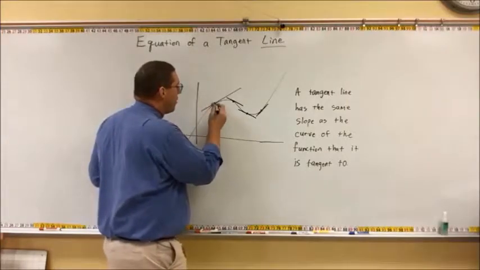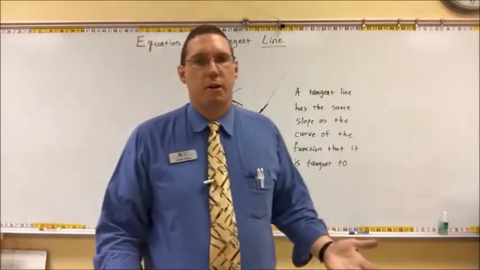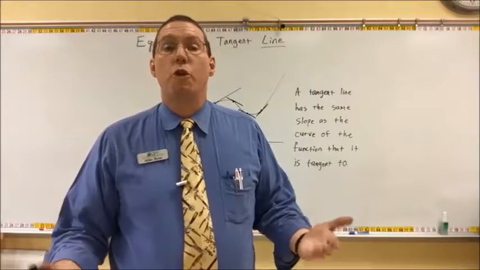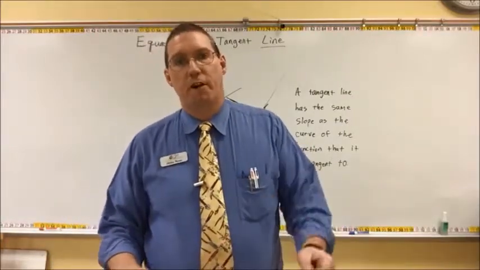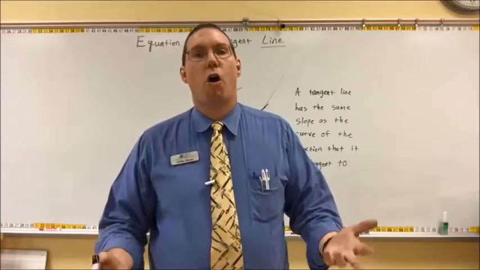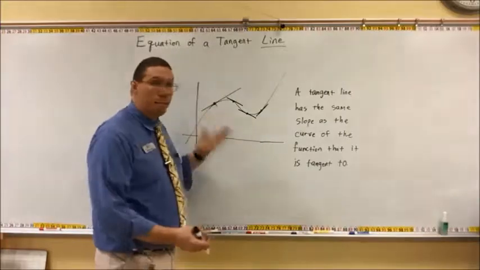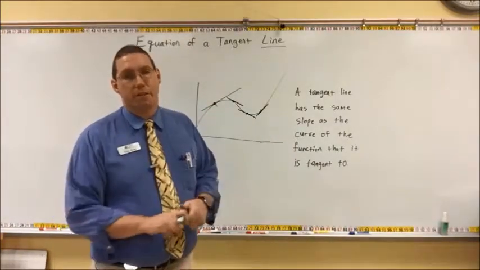If we can identify the slope of the function at that point, we can also identify the slope of the tangent line at that point. And you have just recently learned how to identify the slope of a function at a point, and that's called the derivative. So if you can find the derivative of a function at a point, then you can identify the slope of a tangent line.